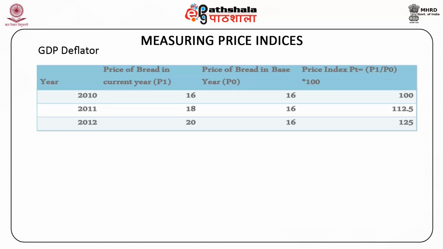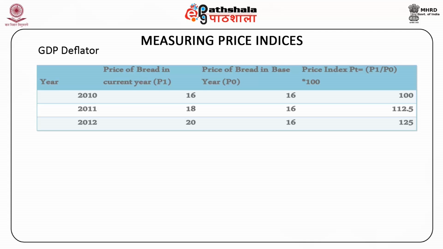In the base year, the bread was sold at rupees 16. This increased to rupees 18 in 2011 and further to rupees 20 in 2012. The price index is calculated by dividing the current year price by the base year price multiplied by 100.